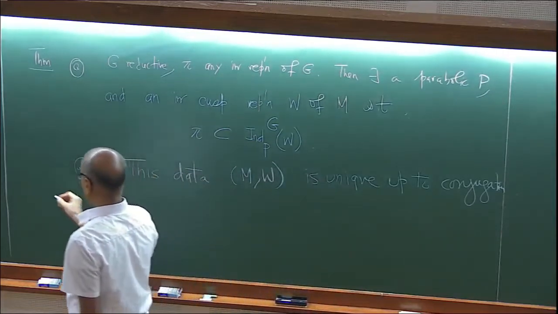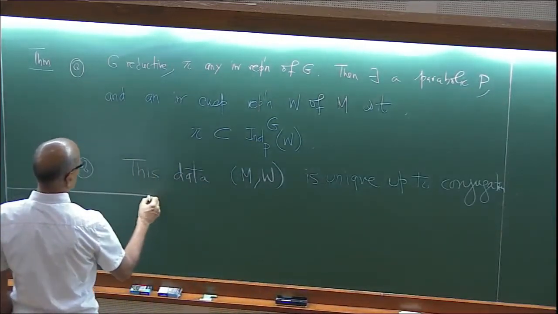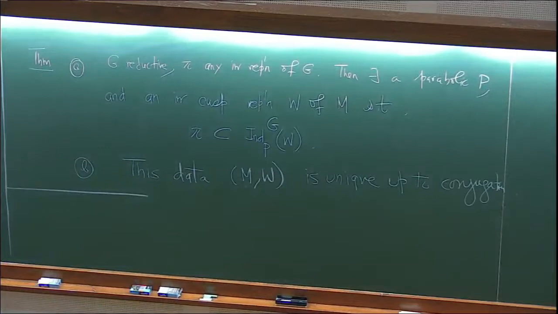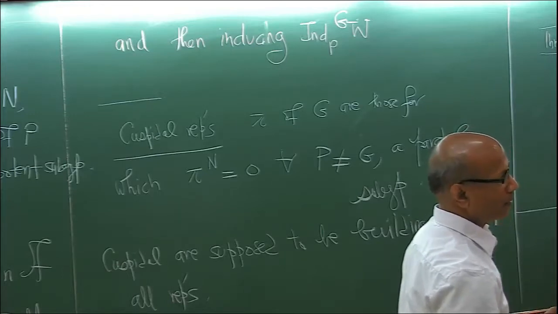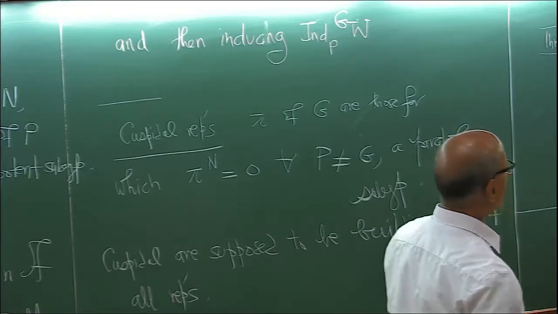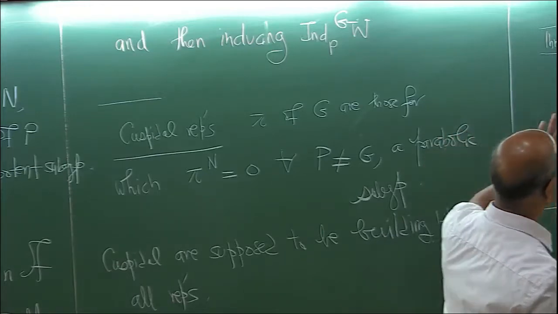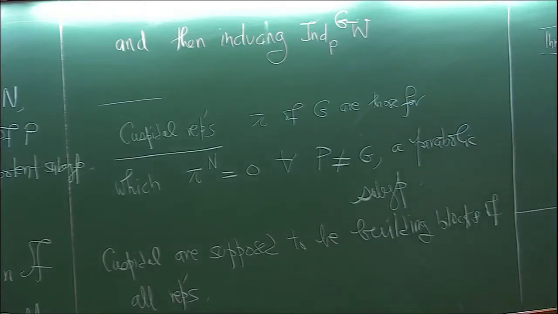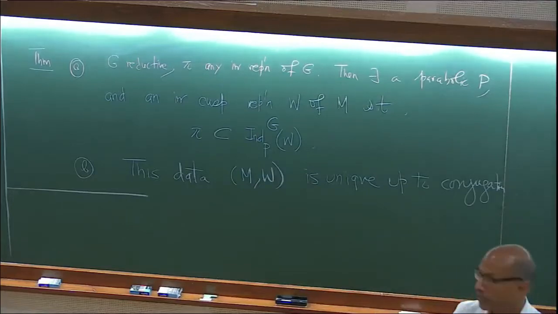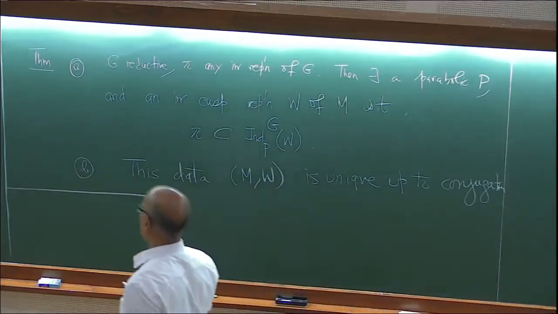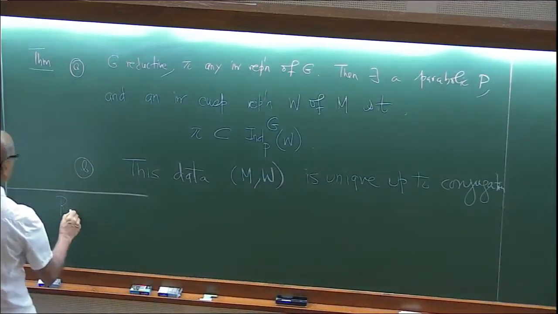So one of the subtleties in the subject is that two non-conjugate parabolics may have conjugate Levi subgroups, but somehow this doesn't affect the subject too much. Anyway, that is a bit of a subtle point, and I don't want to elaborate on that. So, remark.